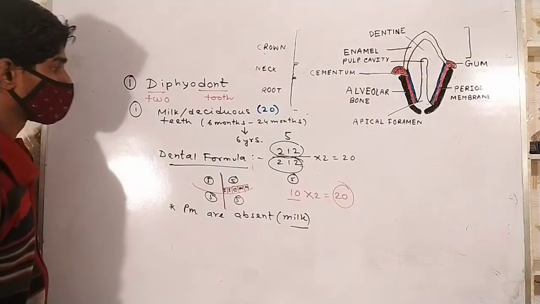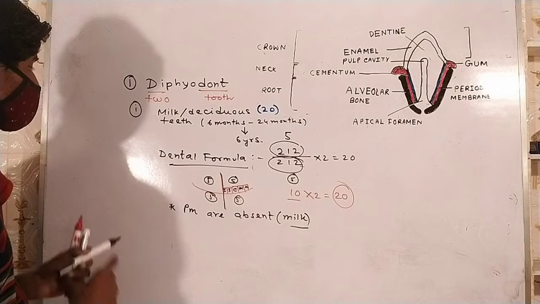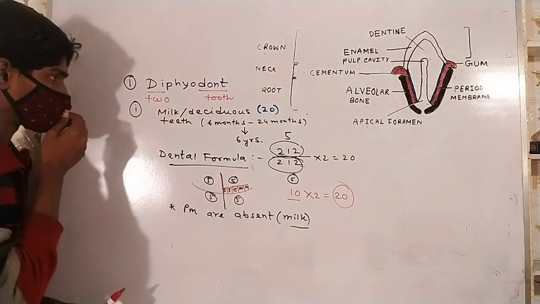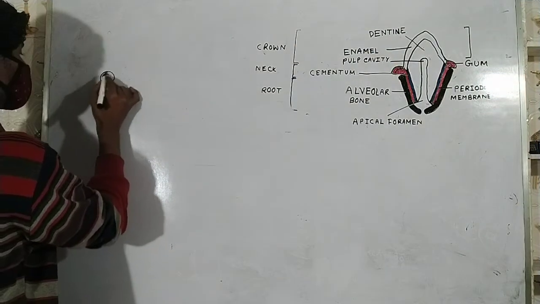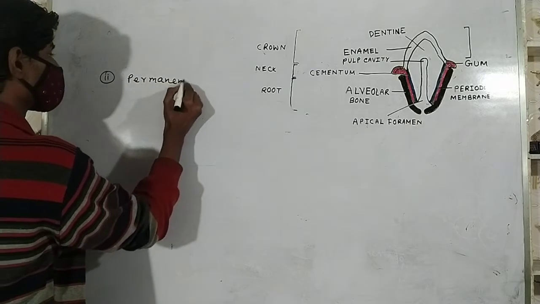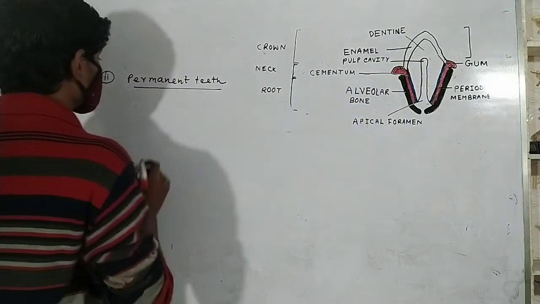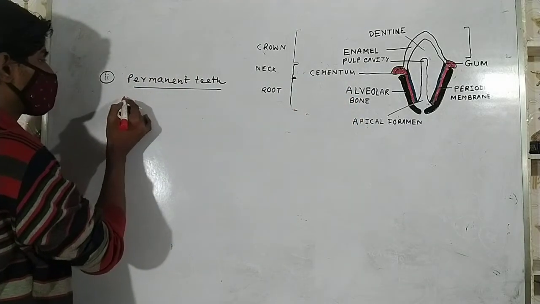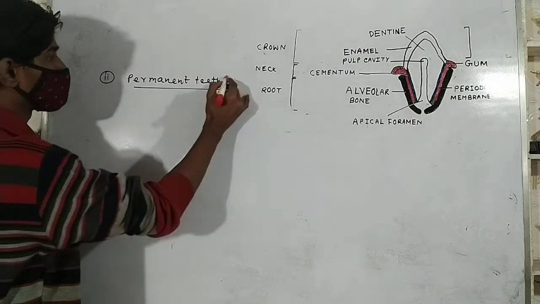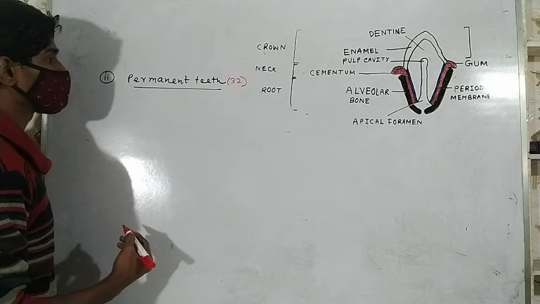Now let us talk about the permanent teeth. If you talk about permanent teeth in an adult individual, we have 32 permanent teeth present.